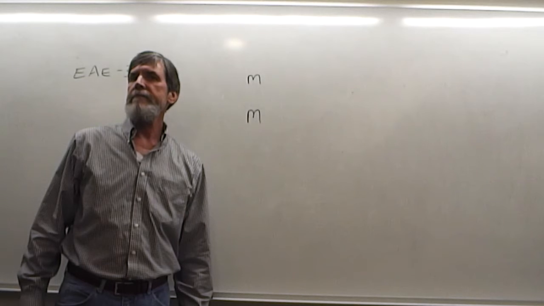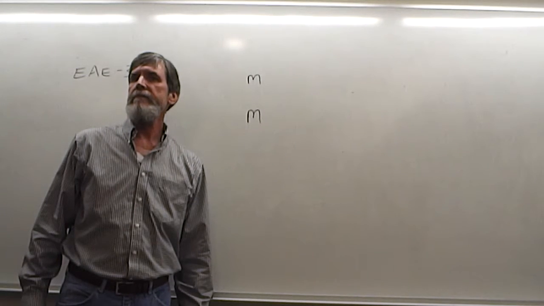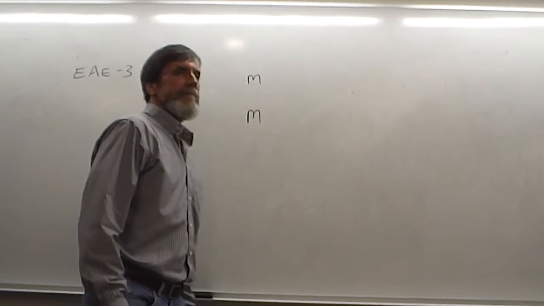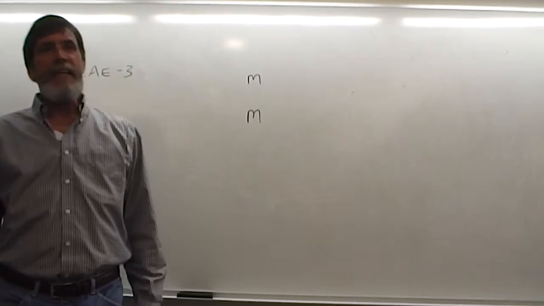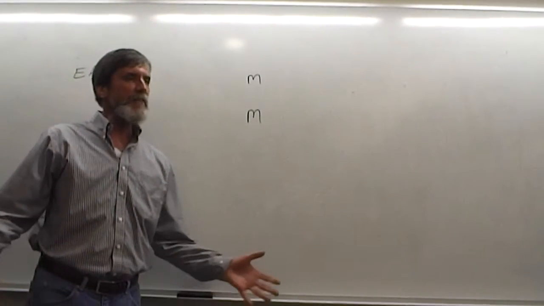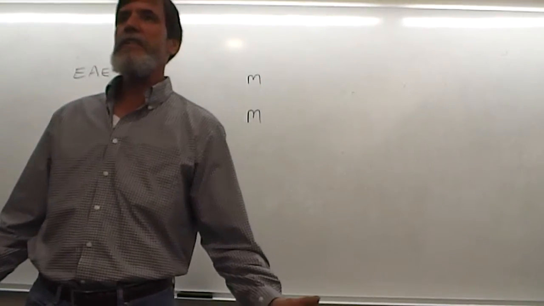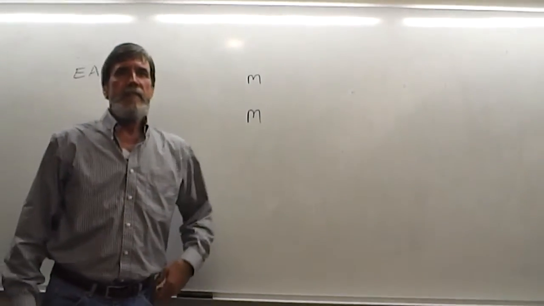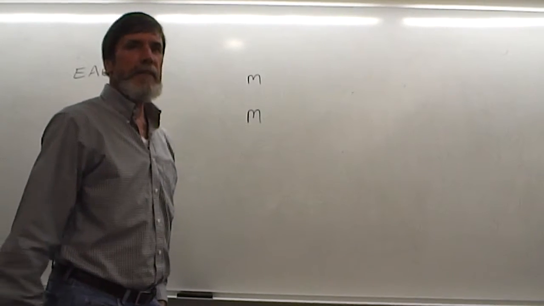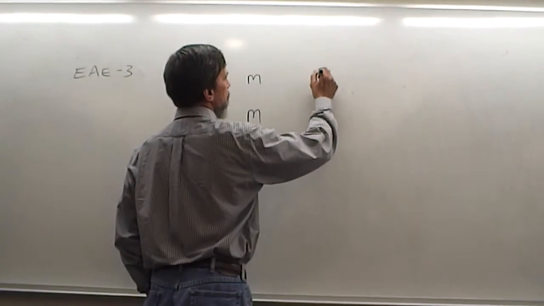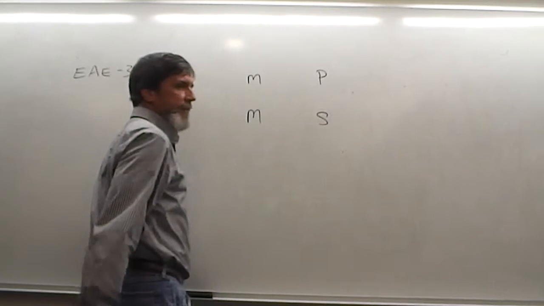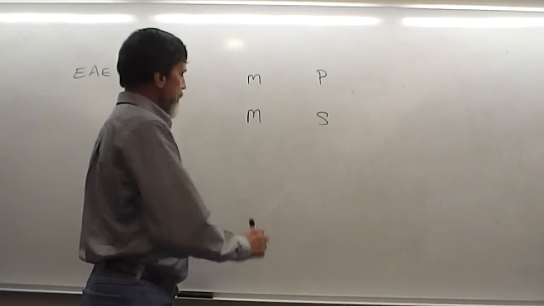Okay, drawing the circles. Major term P in the major premise. Only one place for it to go now. That's the value of sticking M in there, first of all. Minor term S in the minor premise. There's only one place for it to go. S and P, subject and predicate of the conclusion.